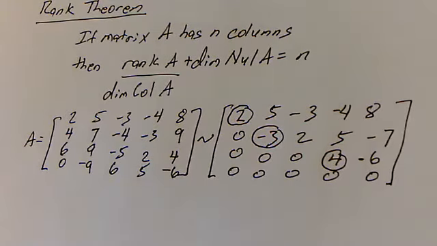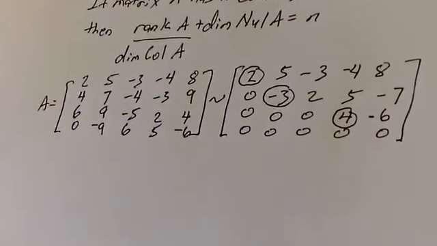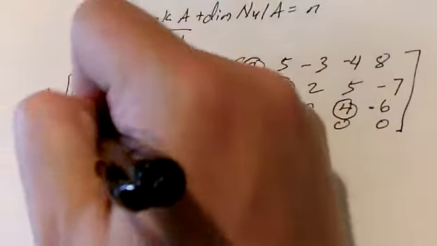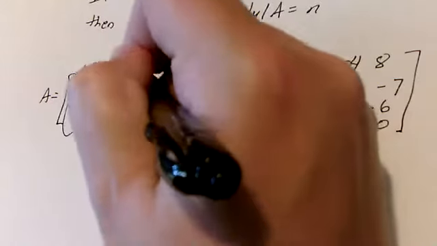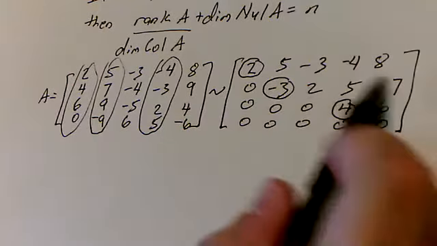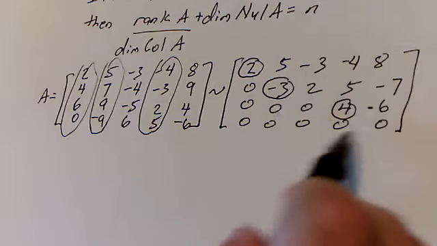3 pivots. Now from that, I can already ascertain the column space. I know that the column space is going to be those 3 columns, 1, 2, and 4. Now to get the null space, I would have to get this to reduced echelon form.